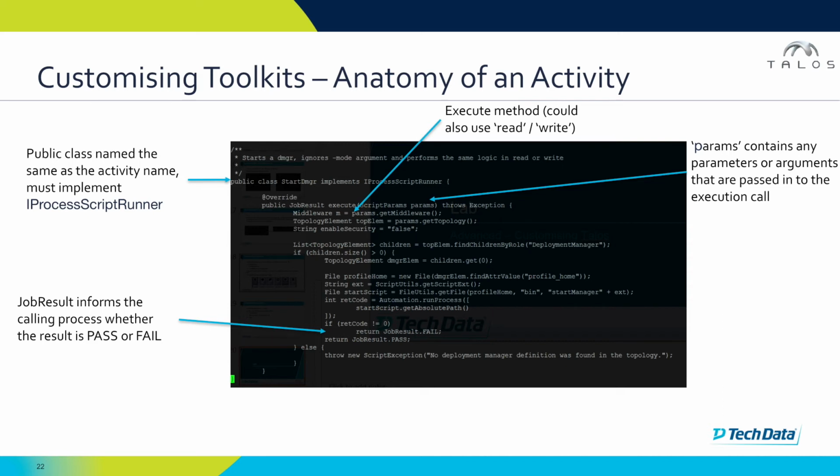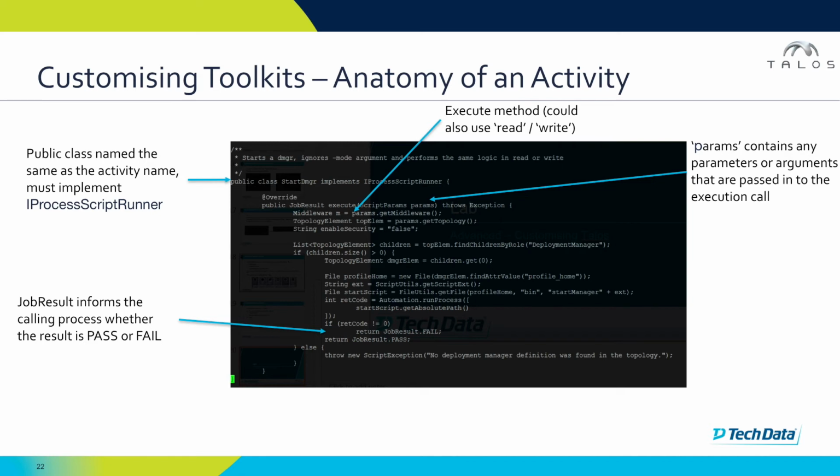So an activity is broken down into a few sections. Firstly, the public class, which is named the same as the activity name. So in this instance, it's start DMGR. Now the class has to implement the interface IProcessScriptRunner. That gives it the structure of a script runner process.